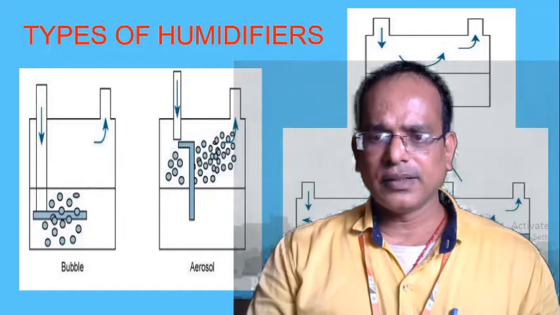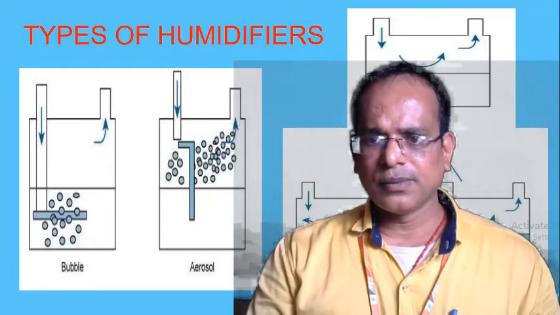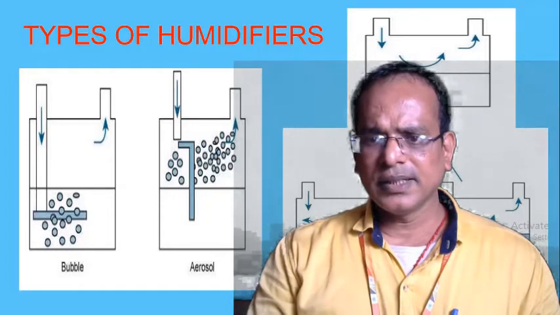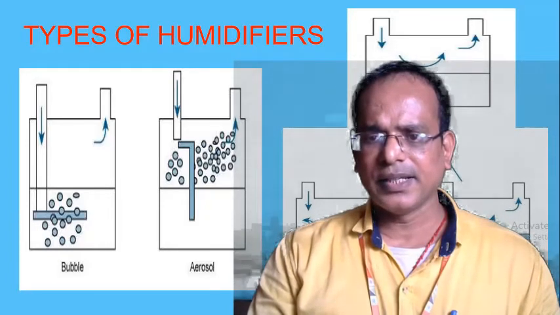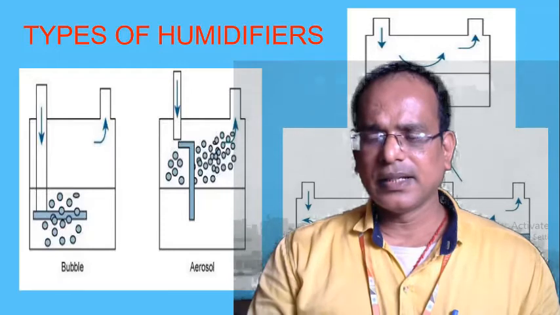Fourth one, wick type, where some barrier is placed in the liquid. With the help of air flowing in the liquid, it will produce bubbles inside the chamber that will be taken upward. Another one, membrane type. There is a membrane provided at the liquid.